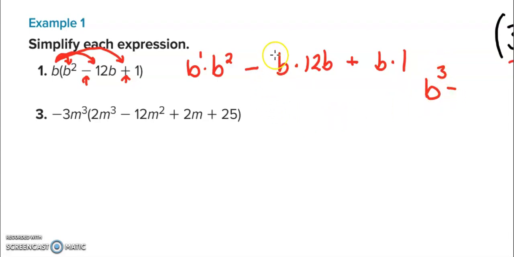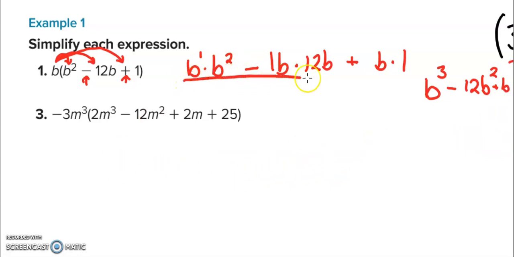Minus, remember it's a 1b times 12b. Well, 1 times 12 is 12, and then b times b is b squared, plus b times 1 plus b. Sorry, I ran out of space there. Okay, so it's just a simple matter of the distributive property.